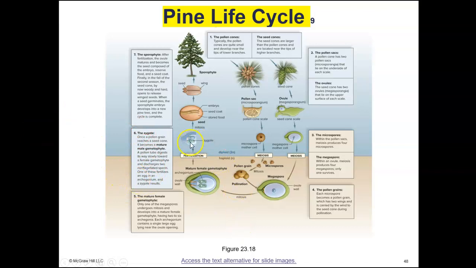It doesn't say, so don't worry about it. So one of the 2 sperm fertilizes the egg and it becomes a zygote, and then it will grow into a seed which contains the embryo, the seed coat, and the stored food.